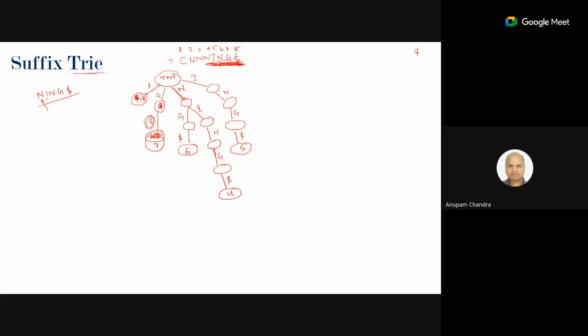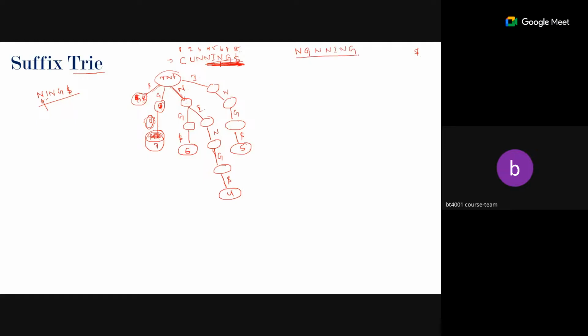Now, I have a question here. Why would you consider whether edges exist or not only at the first level? For example, let's say I change this slightly. Suppose we have nning.